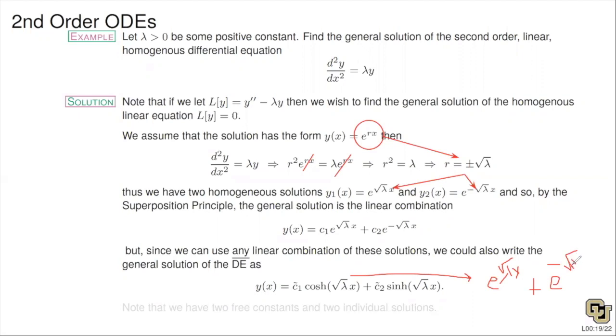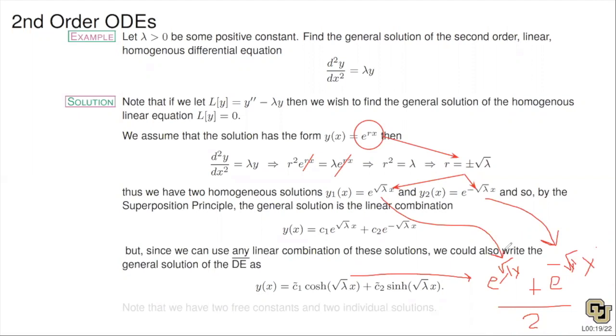My point here is that it's a linear combination of solutions. In linear algebra language, e to the square root lambda x and e to the minus square root lambda x are a basis for the solutions, but bases aren't unique. Here we have a two-dimensional solution space.